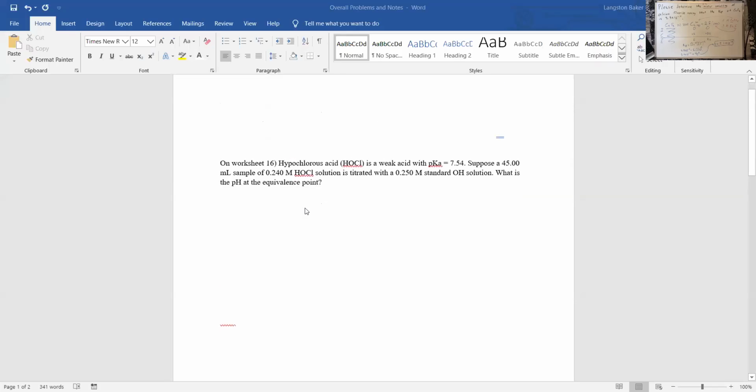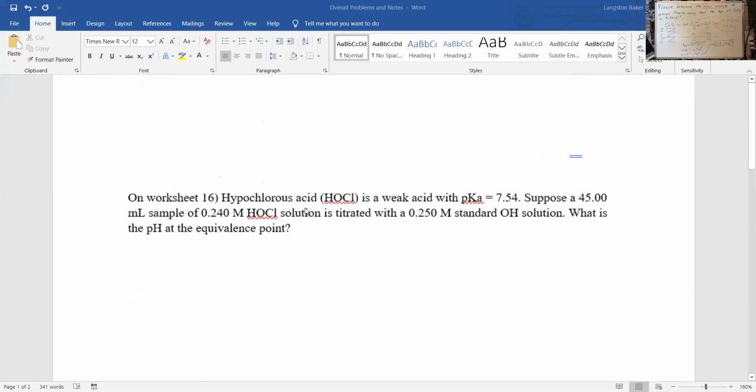Number 16 on the worksheet, if you just want to look at that. I think it should be anyway. Let me make sure. Yeah, good. So what we'll do next.